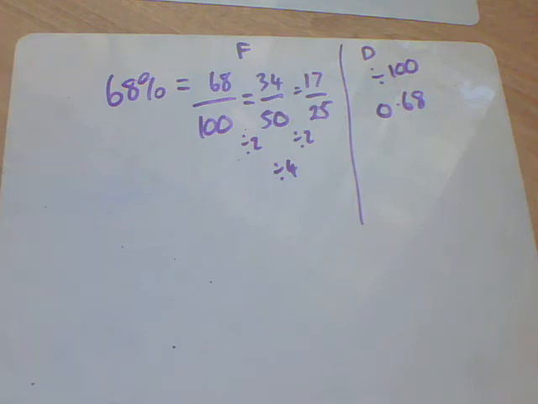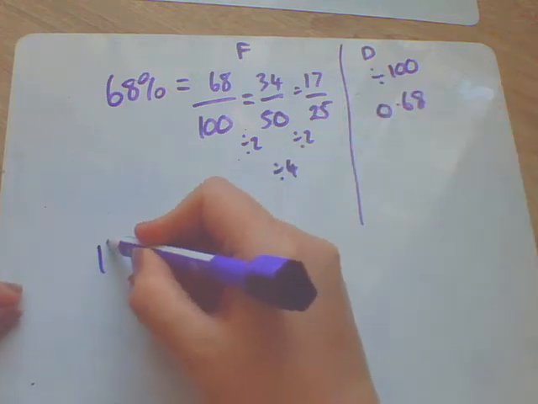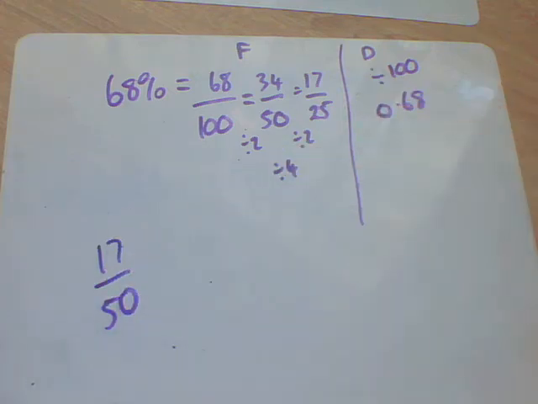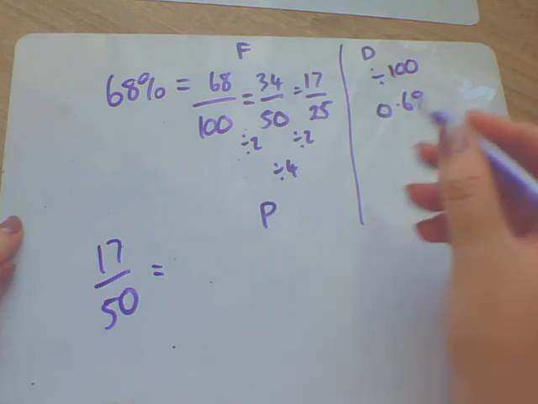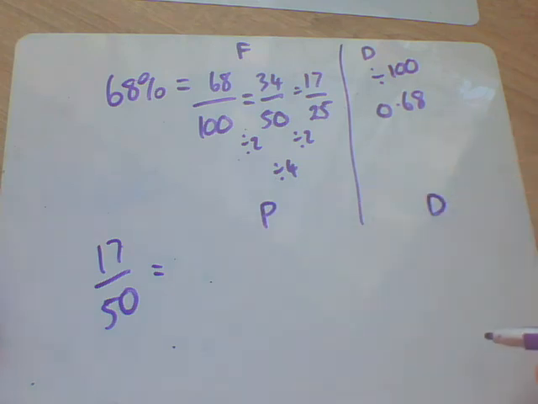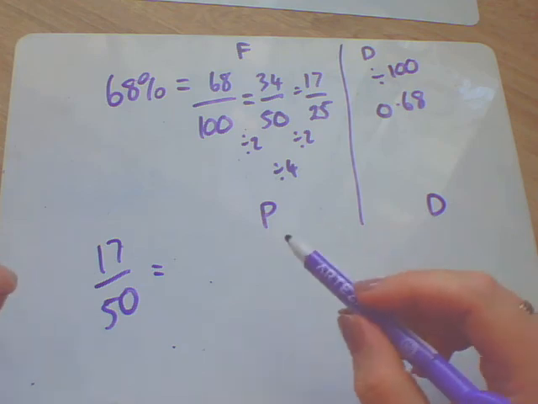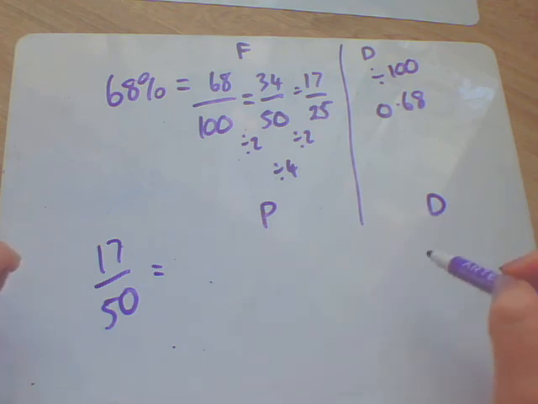Okay, so let's take another one then. Let's do 17 out of 50. I want to turn this into a percentage and a decimal. Okay, so we're going to do the percentage first because we know that percentages to decimals is really easy.